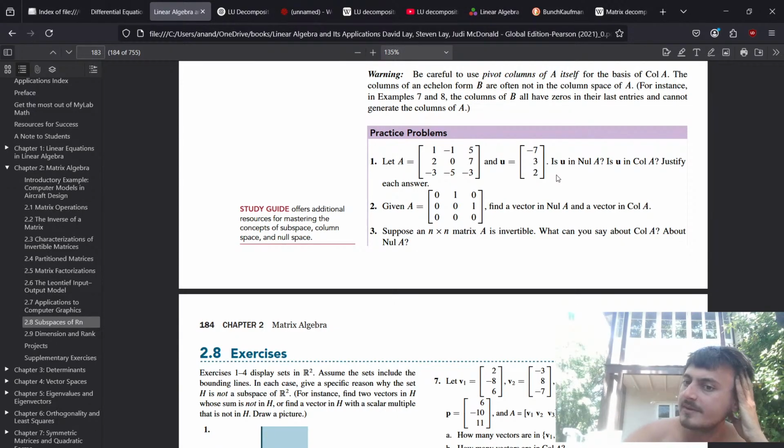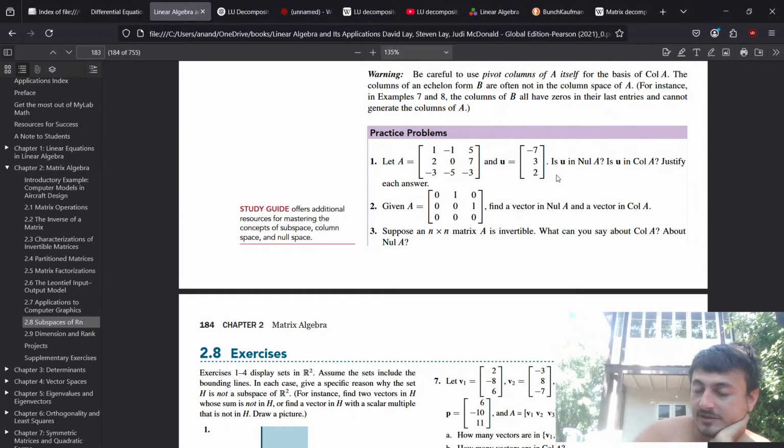So the null space is going to be defined as: null of A is the set of X such that AX equals 0. So for U to be in null of A, if and only if AU equals 0.